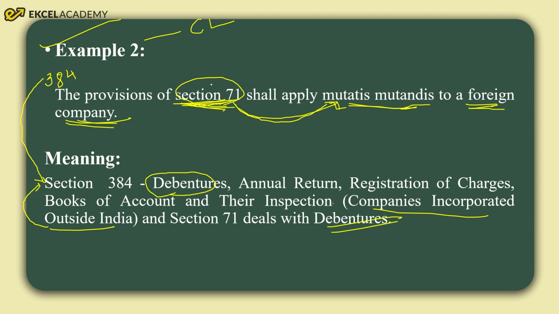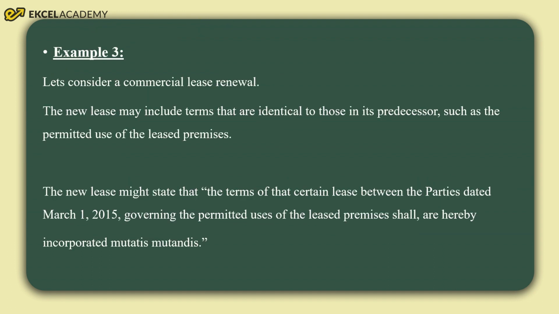That is, the provisions for an Indian company shall apply to that of the foreign company with certain changes being made. The changes may be either in terms of the provisions, or in terms of the language that is being used in the provisions.